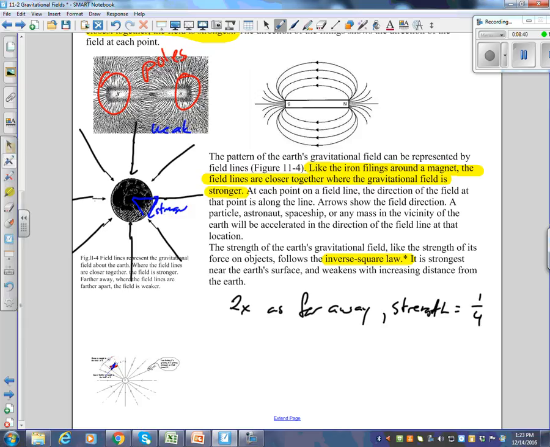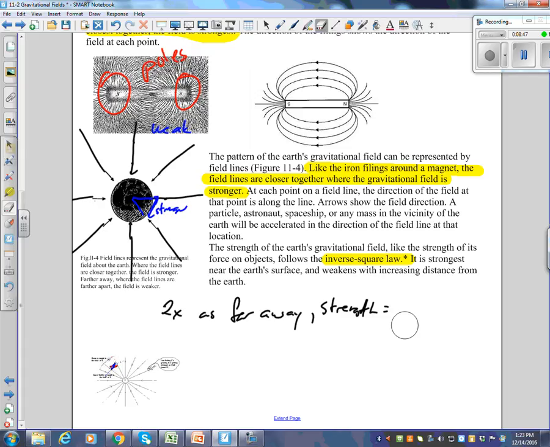How did I get 1/4? Inverse square. Inverse means 1 over 2, but not 2, 2 squared, which is 1 over 4.